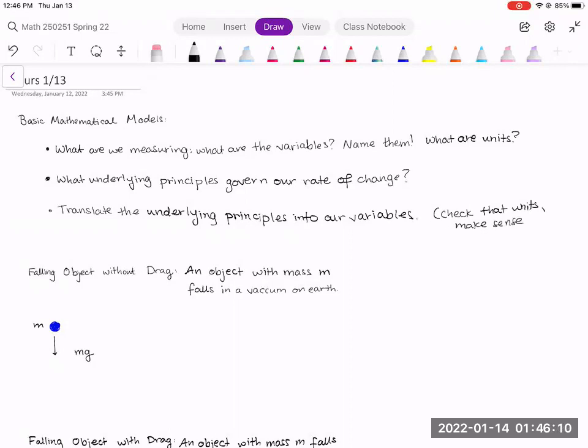So for example, if we have units of grams for one part of the problem, and we're trying to add to that units of grams per liter, something's wrong in our setup, right? The units don't add in that way.